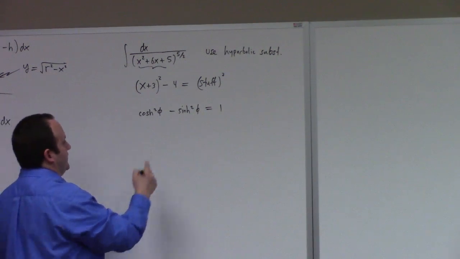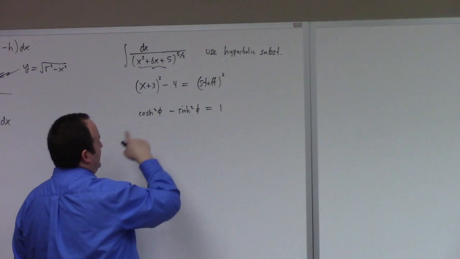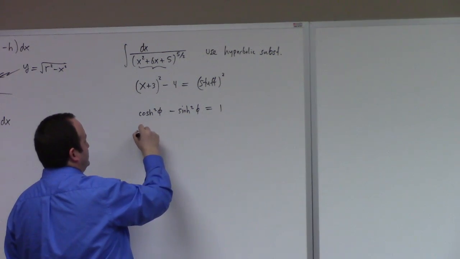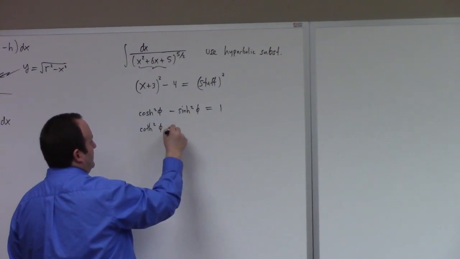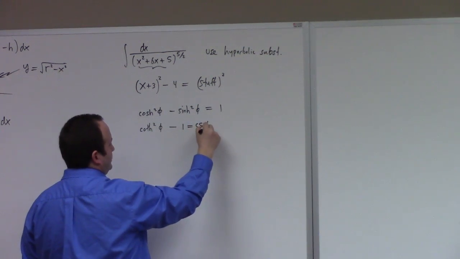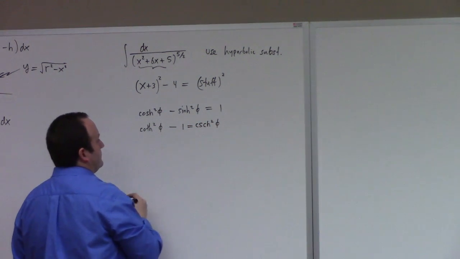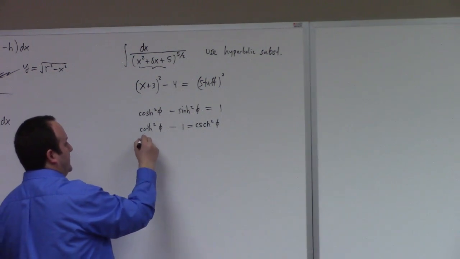Let's see here. What else do we have? Oh, if I divide this by sinh squared, what do I get? I get coth squared phi minus 1. So it looks like you might try out based on this.